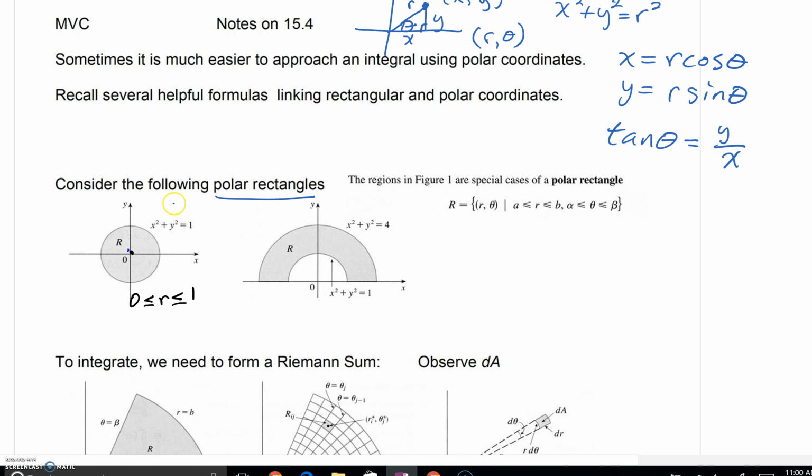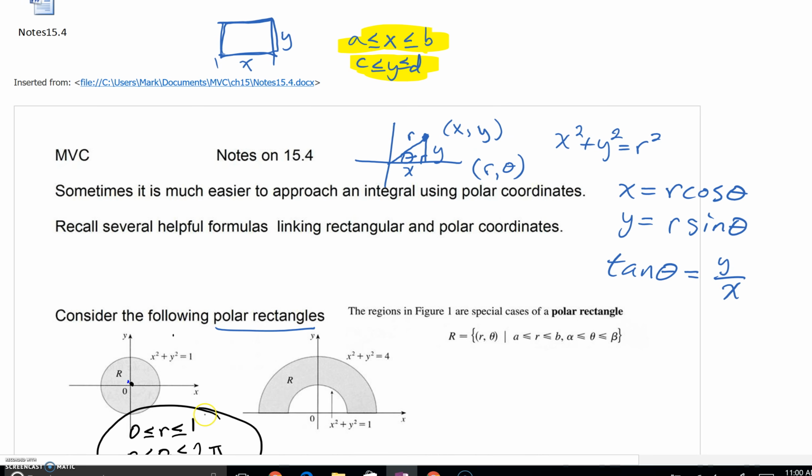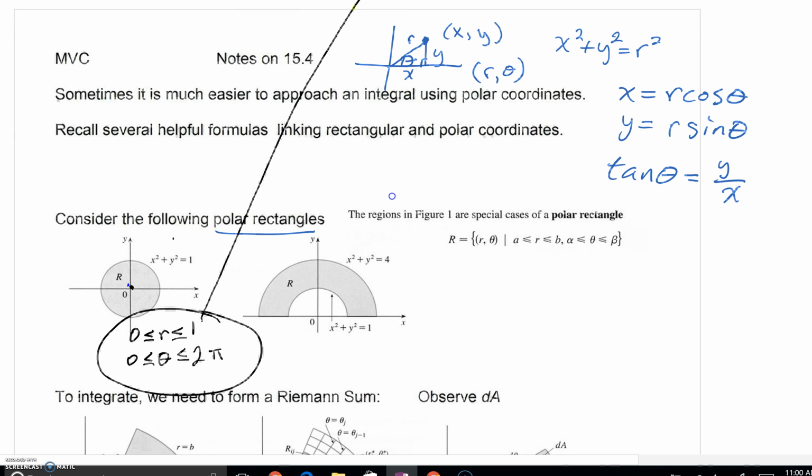Here's a circle with a radius of 1 centered at the origin. Theta would be between 0 and 2 pi. So even though this is not looking anything like a traditional rectangle, we could call it a polar rectangle, much the same way that our two variables have boundaries, as we had up here.